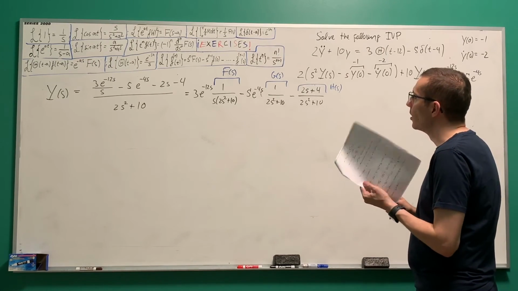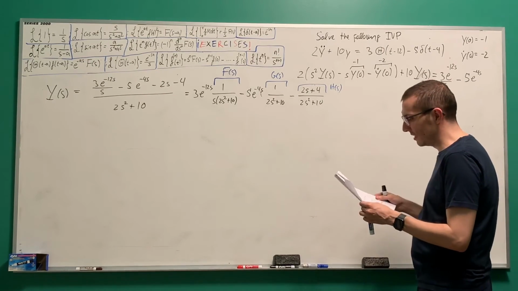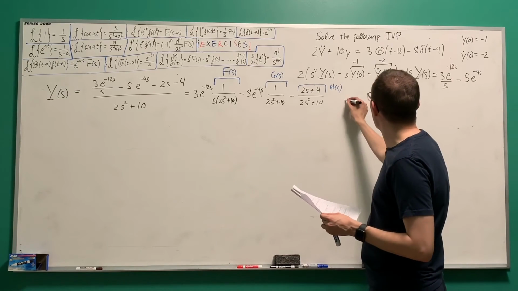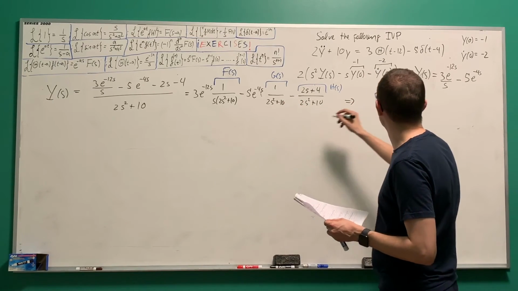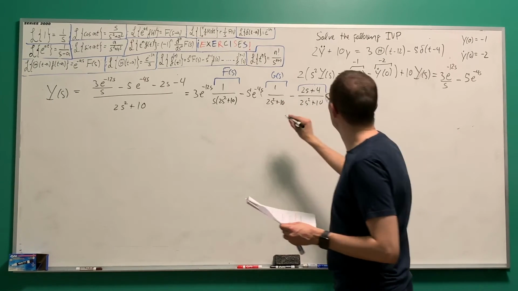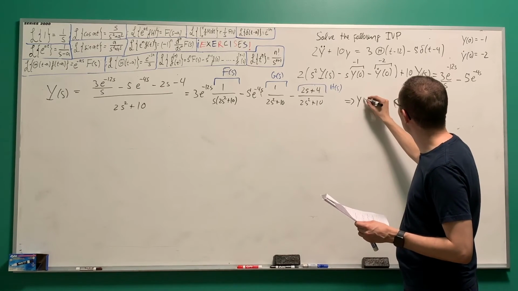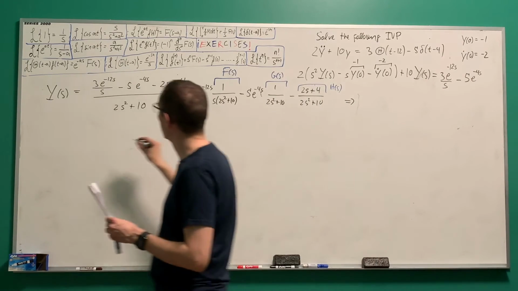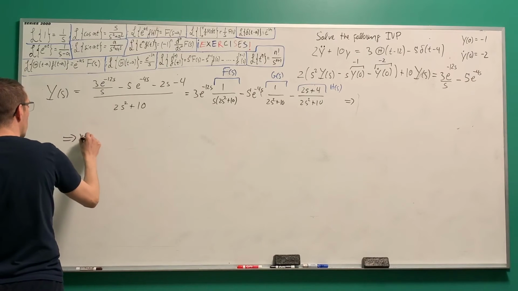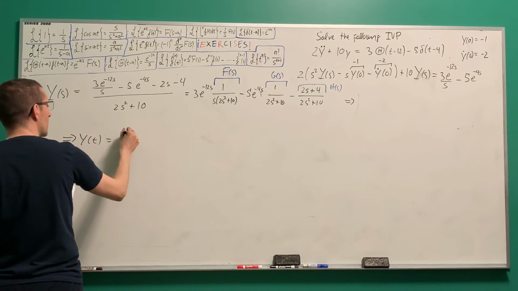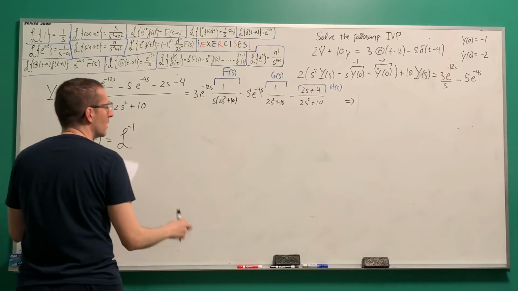Now, of course, I can do the inverse Laplace transform here, and if I do the inverse Laplace transform to get y(t), let me write it here. y(t) is the inverse Laplace transform of everything.